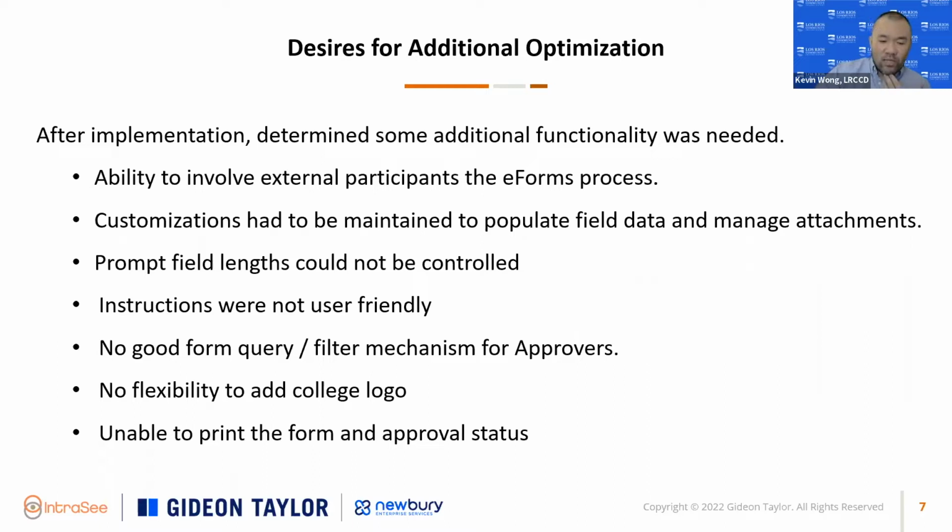And so what we did was we went through a selection analysis to identify various tools that are available to us, and we included our business and program stakeholders, our technical stakeholders, to do an analysis of which tool might meet our needs best. And so through that evaluation, we ended up selecting the Gideon Taylor tool.